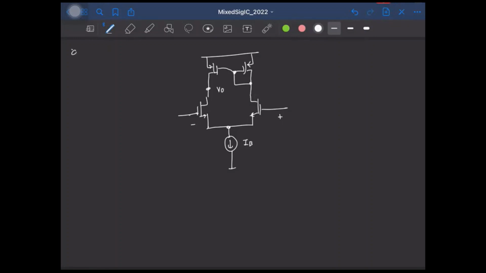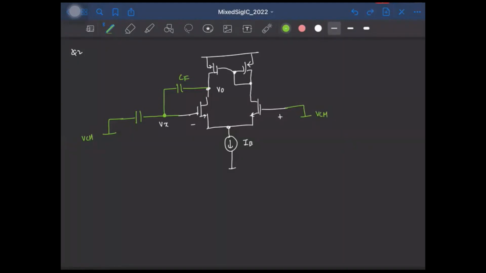So during the phase phi 2, how will the circuit look like? We have the sampling capacitor here connected to the negative terminal of OTA, right? Well, this is at VCM. Similarly, from this node, we have the capacitor CF connected to the output voltage, right? And this is the voltage Vx. And the non-inverting terminal here is connected to VCM.